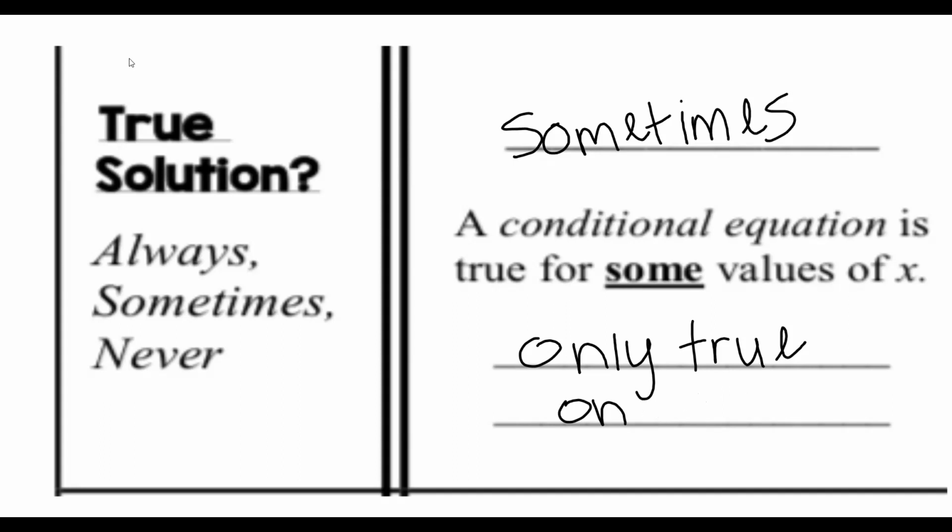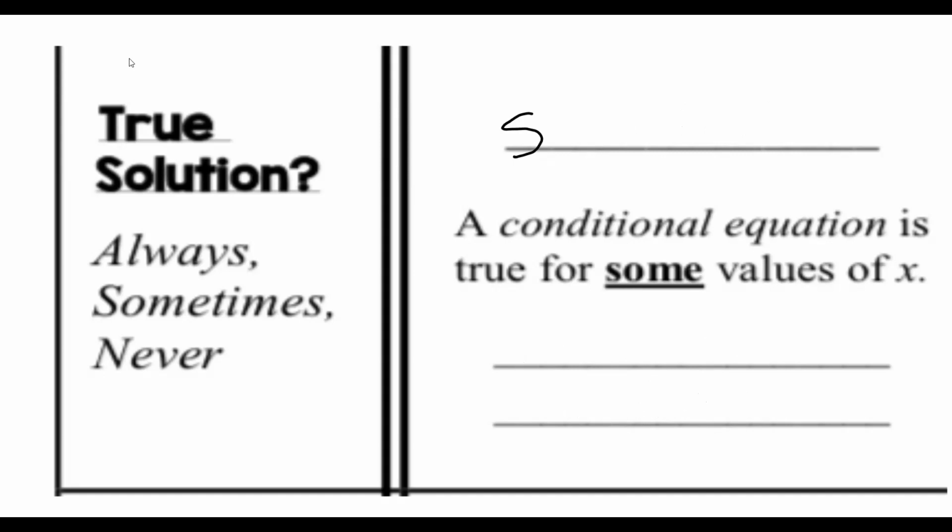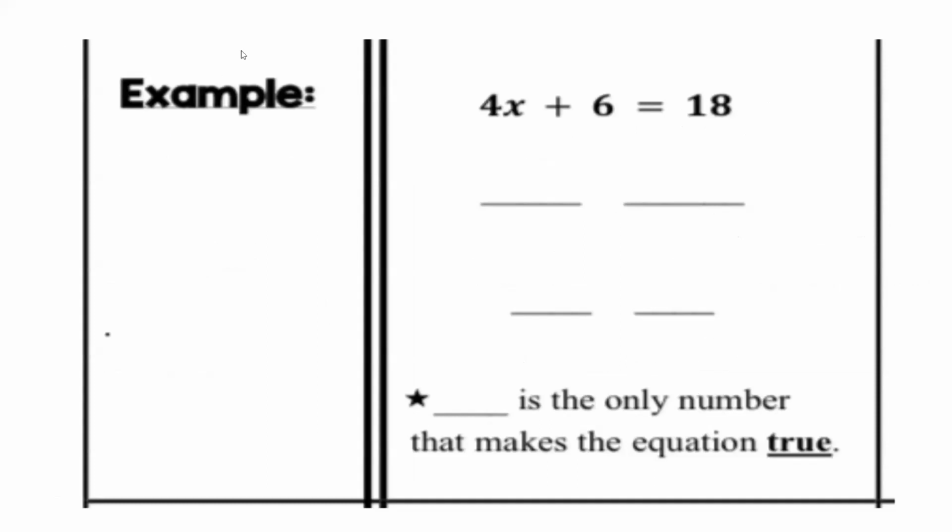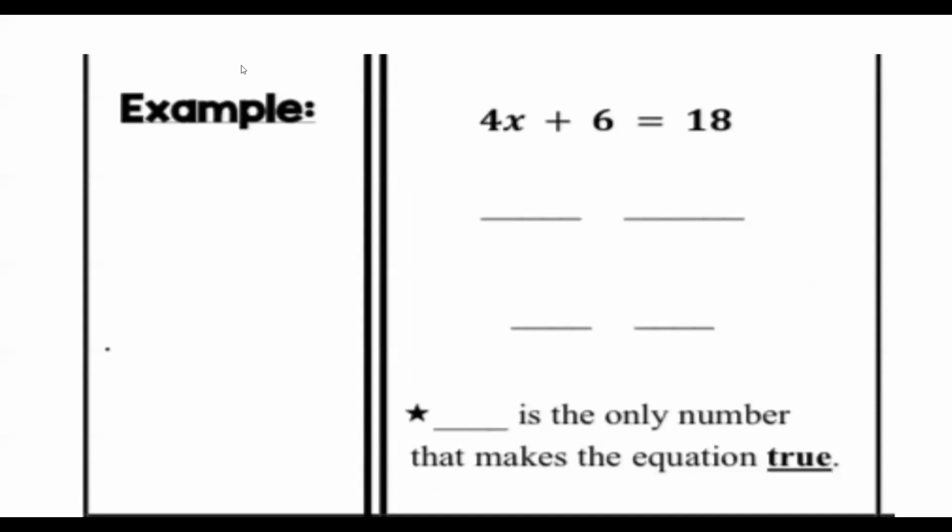Okay, let's keep pushing through. Now let's go over an example. Let's solve this equation. And like you're familiar, we're going to get x by itself. So 4x equals 12.